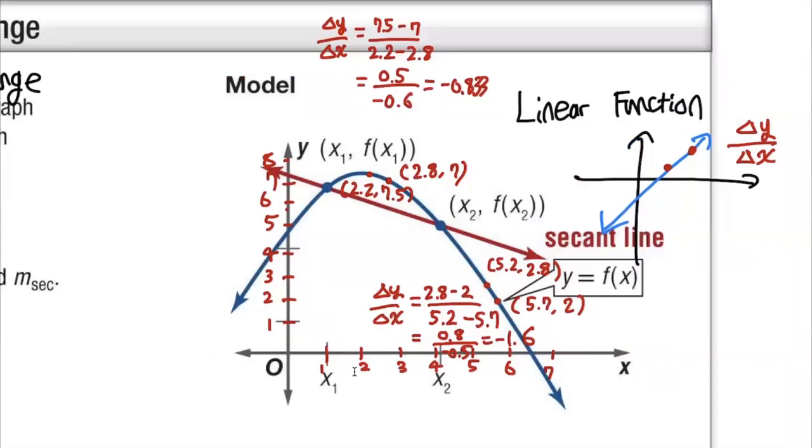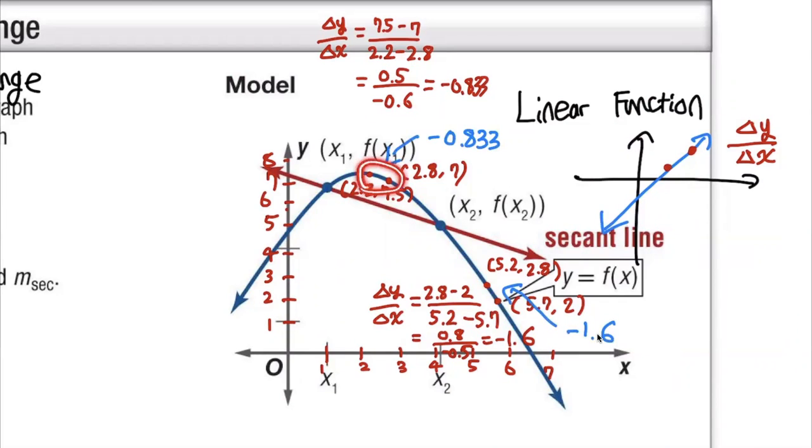Over here, the rate of change was negative 0.833. But here, the rate of change is negative 1.6, right? So unlike linear functions where the rate of change is the same over an entire region, for nonlinear functions like this, the rate of change is different for every region.